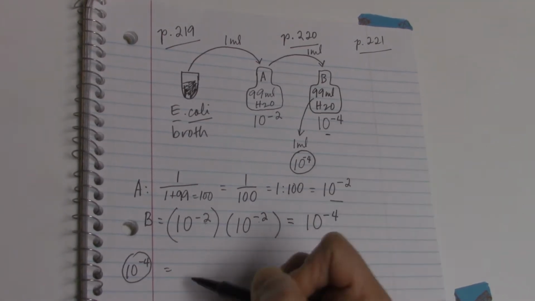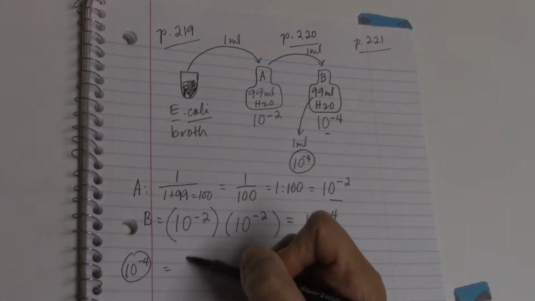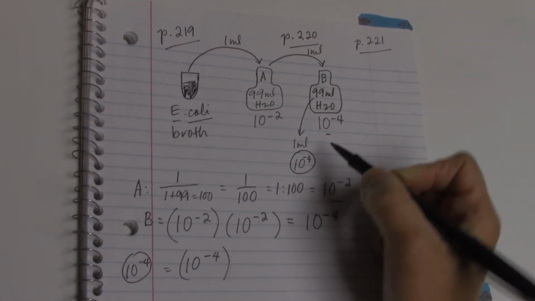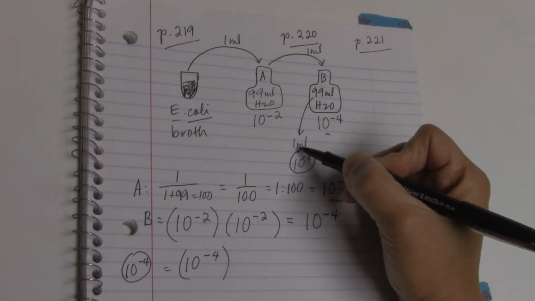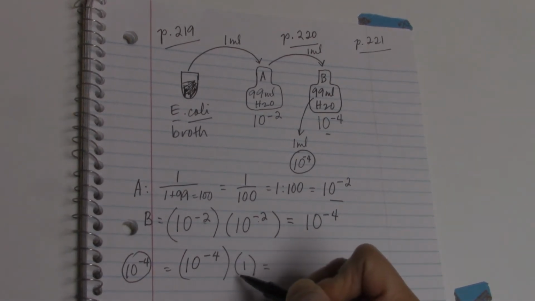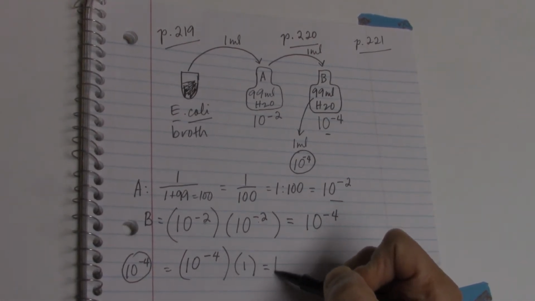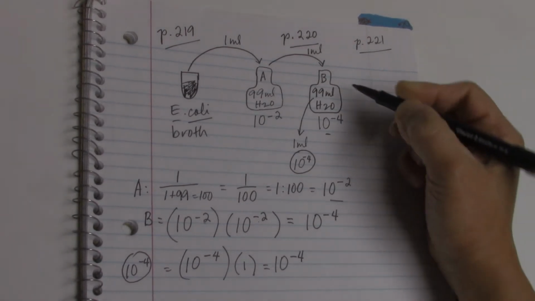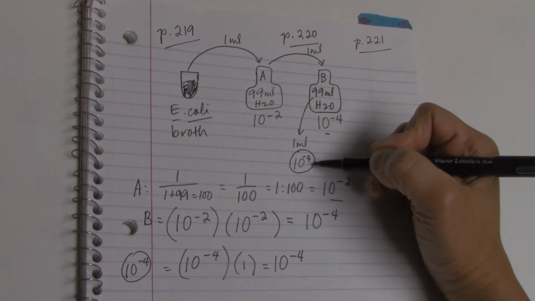So you're going to look at what is the dilution of the bottle. The bottle dilution is 10 to the minus 4. And then we plated out a volume of 1 milliliter, so you multiply that by 1. So 10 to the minus 4 times 1 is equal to 10 to the minus 4. So that is the dilution on the plate.